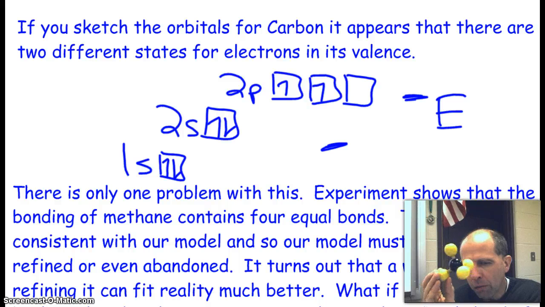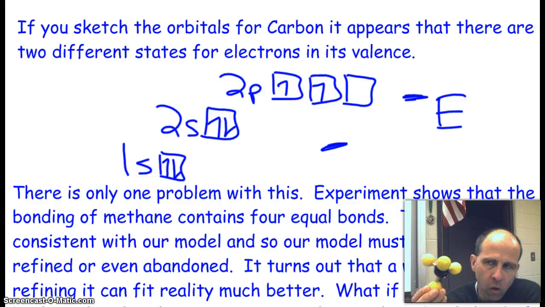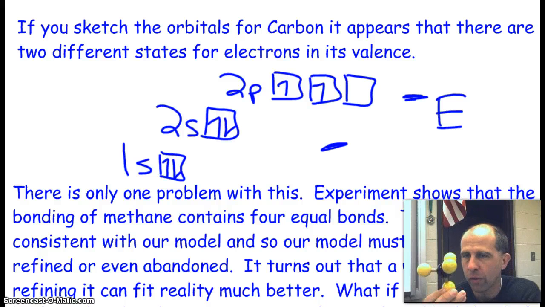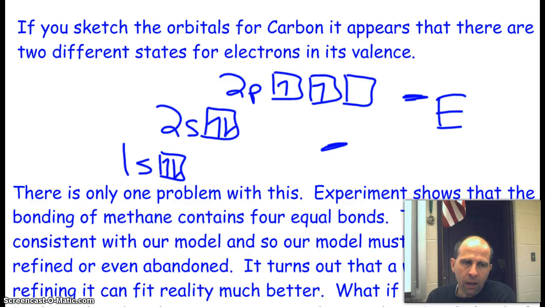The way this bonds, there's no difference in the 4 bonds. We have the tetrahedral geometry, all the angles are 109.5, all the bond lengths are the same, all the bond strengths are the same.